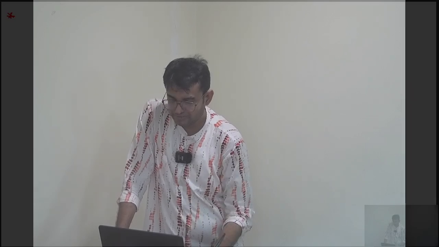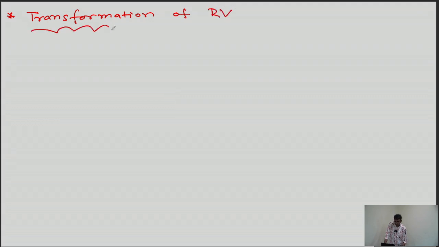And there are strategies using which we can do transformation of random variables. I can transform any random variable to any other random variable, at least in theory. In practice, it's not so straightforward, but in theory I can.